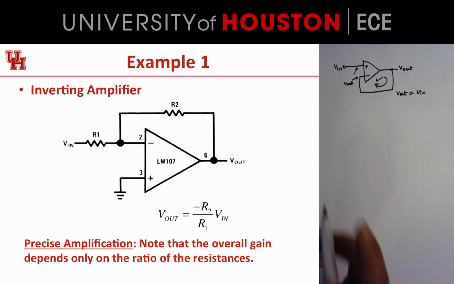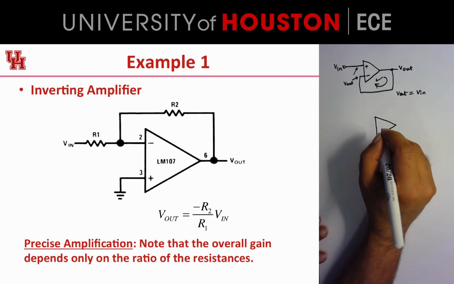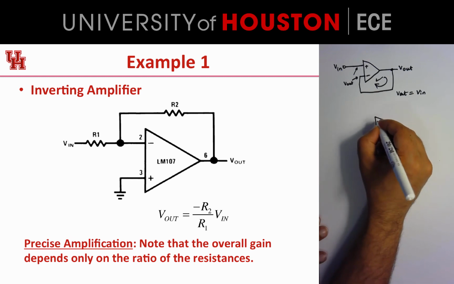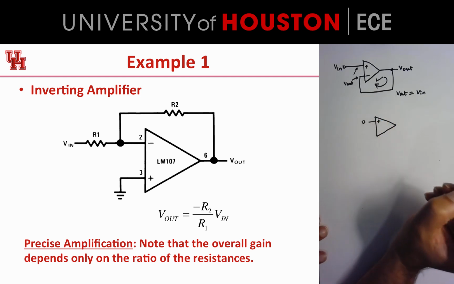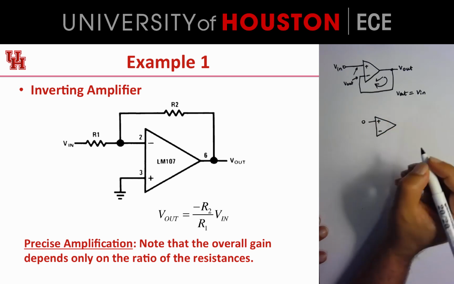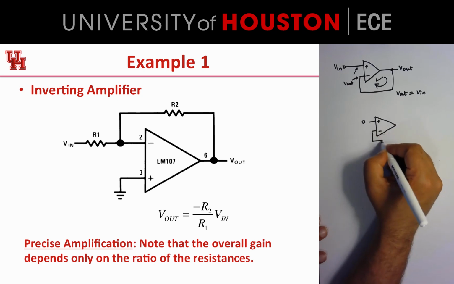Okay, so let's try this circuit here. So you got an op amp. Now suppose I were to take the plus input and set it to 0. And the minus input is connected to the output like that.